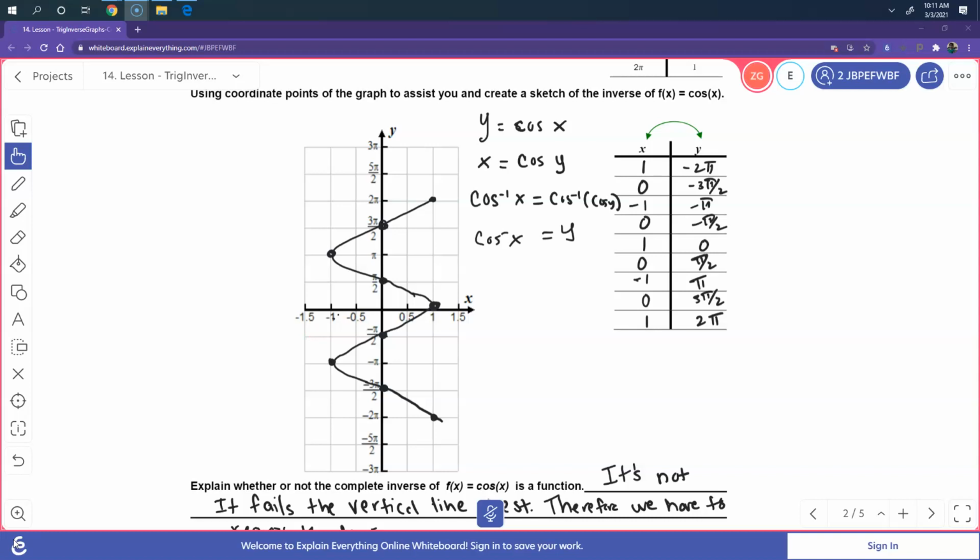So we're going to go ahead and restrict the domain for it to be considered a function. We're going to restrict it from -1 to 1. So we're just going to get that piece of the graph, and we're going to say that's the inverse cosine of x. That's a graph for inverse cosine.